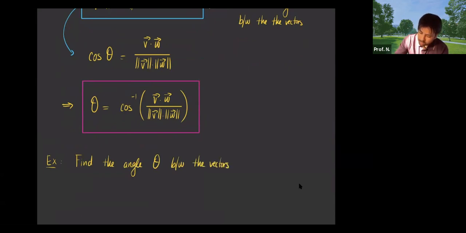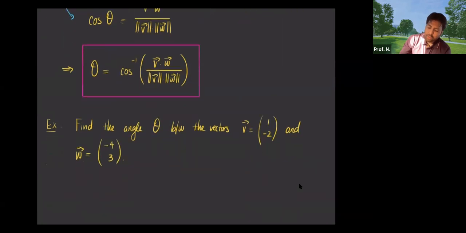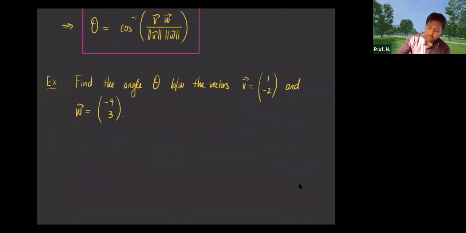I'm going to give you one vector called V, 1, -2, and a W being -4, 3. So before we use the formula, I just want to draw this out, give a little sketch, just so that I can visualize this and have a better understanding of what's going on.